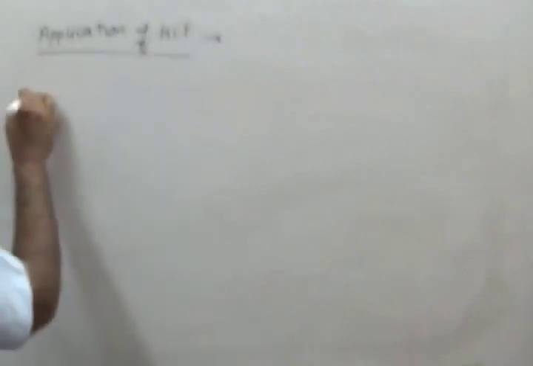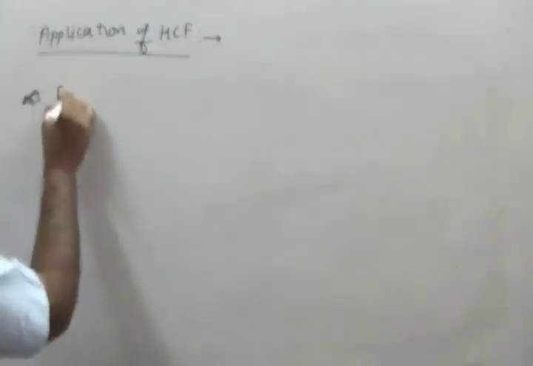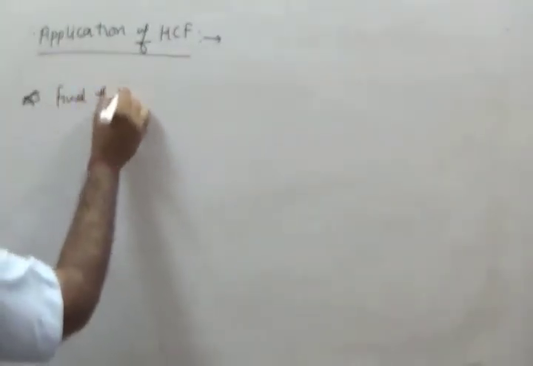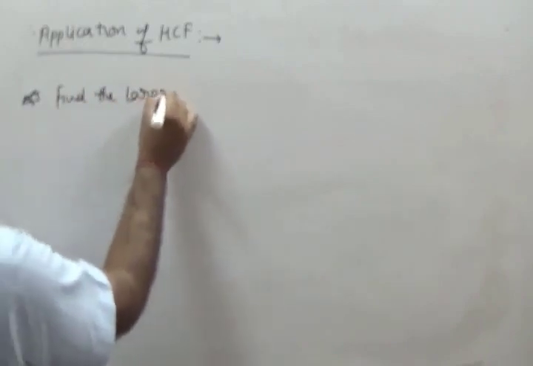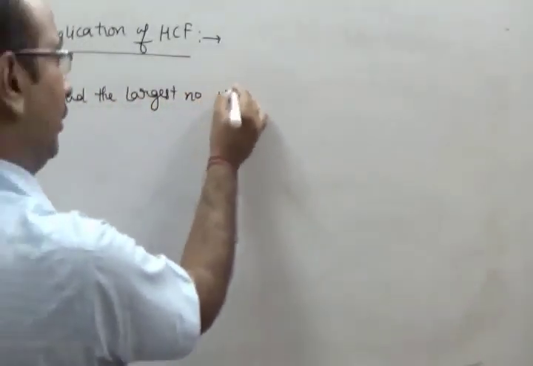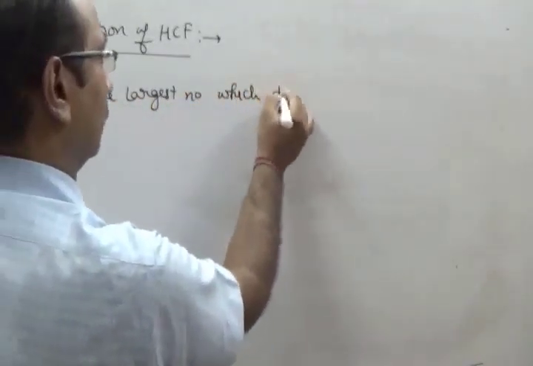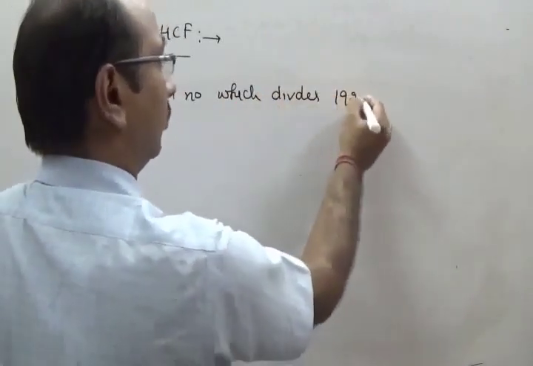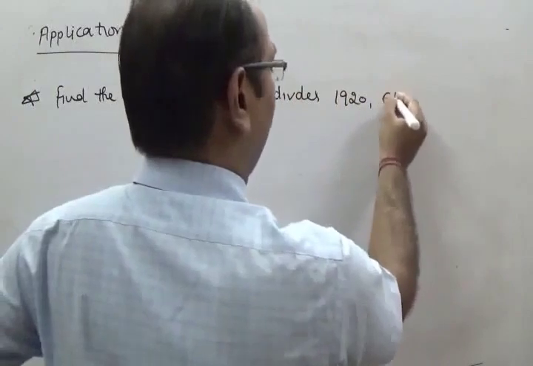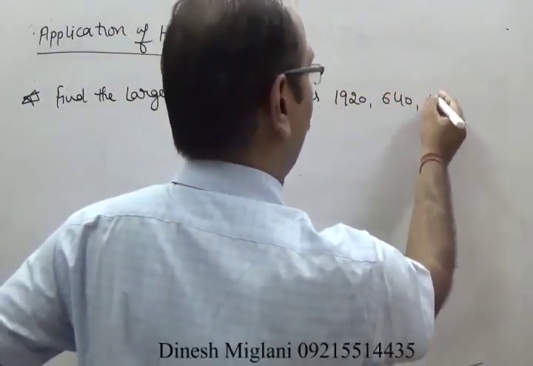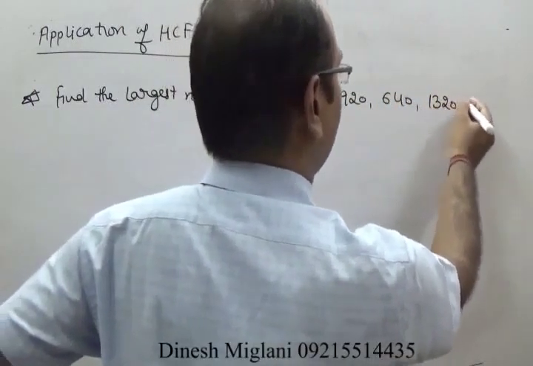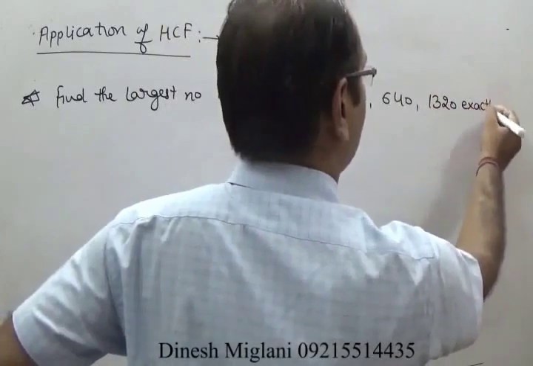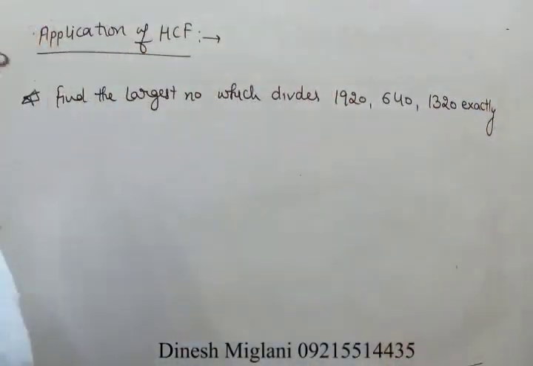The first question is, find the largest number which divides 1920, 640 and 1320 exactly.